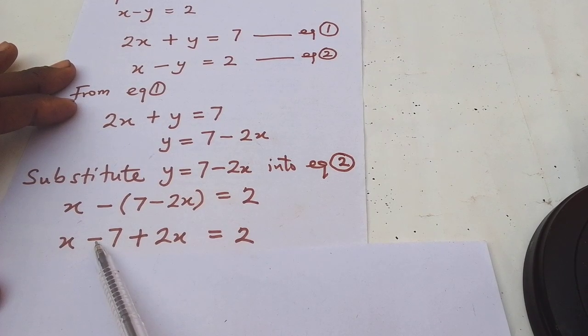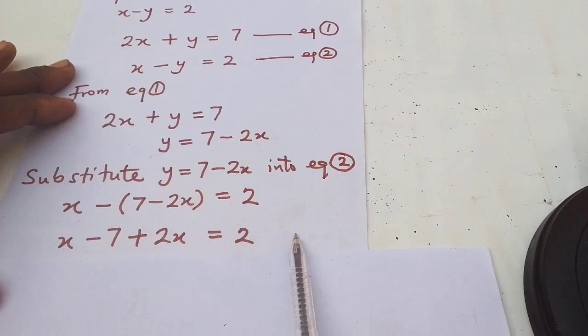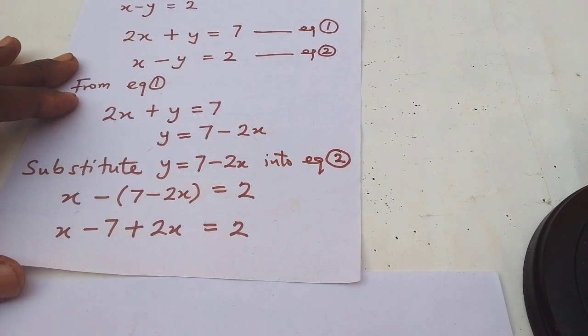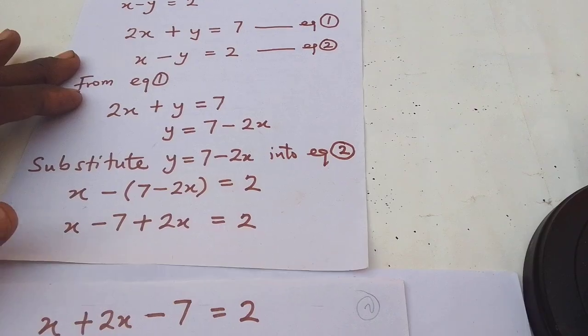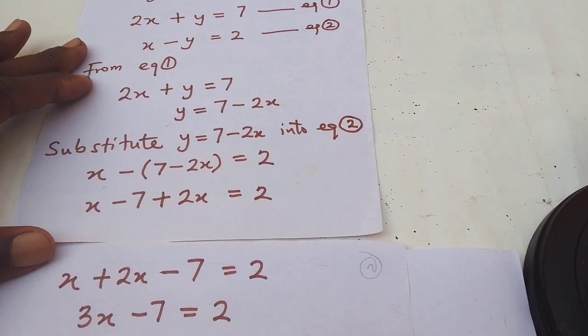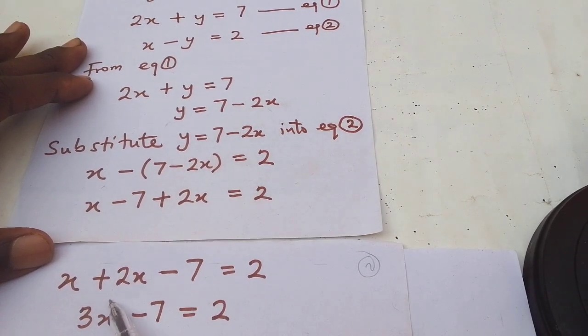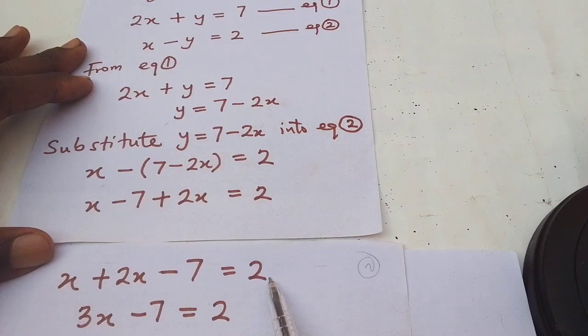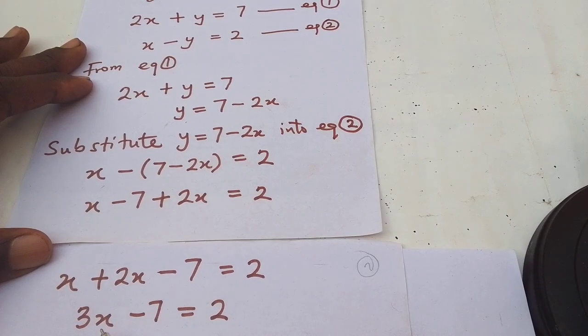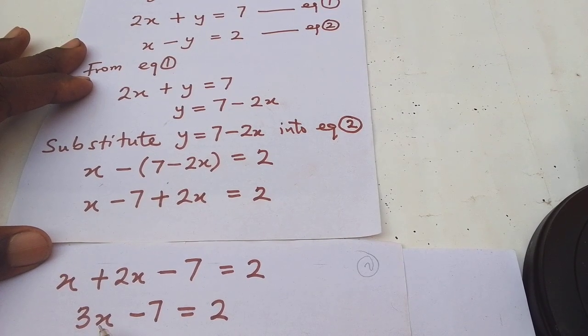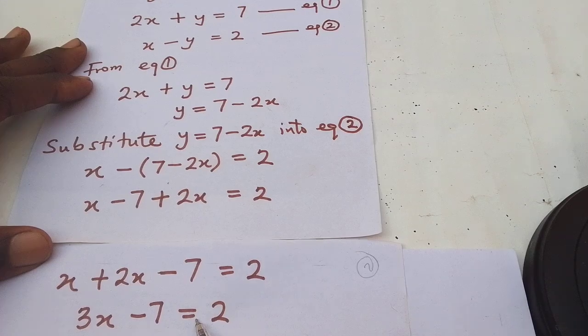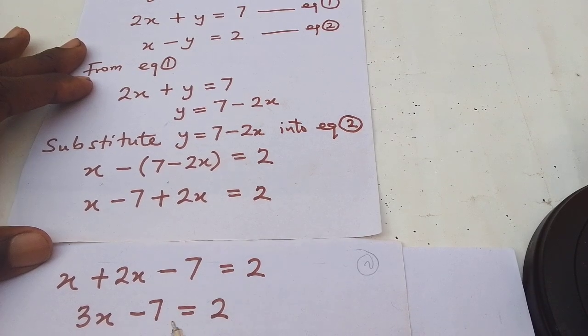Before we bring the 7 to this side, let's rearrange it. So you're having x plus 2x minus 7 is equal to 2. X plus 2x will give us 3x.